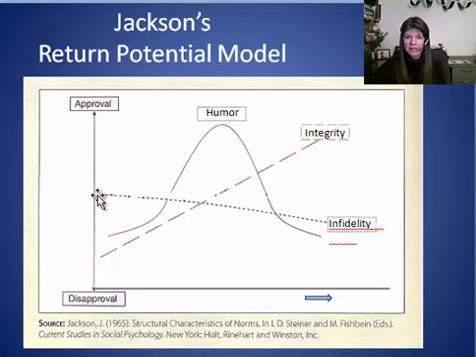So it starts here at the more neutral point because fidelity is expected of people in general. This implies that fidelity is viewed as more of a norm than a value in U.S. culture. So Jackson's return potential model can be used to look at values like humor and integrity, and also to identify norms.